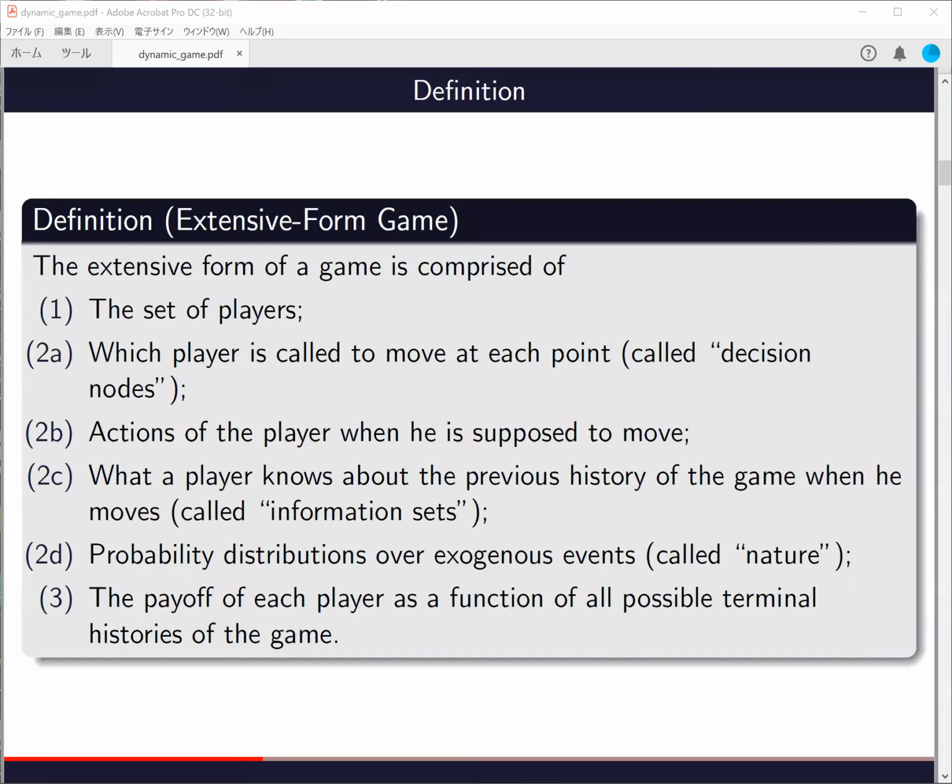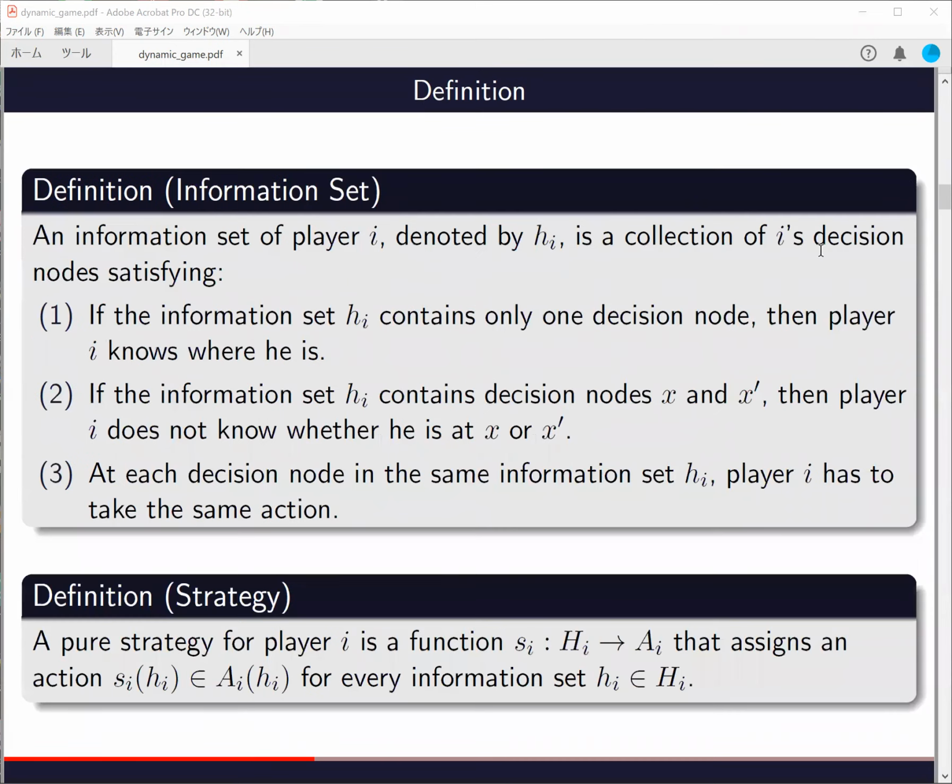Now, a dynamic game is described in an extensive form, and here is a definition of extensive form game. It is probably not so clear what they mean at this point, and so I will explain through examples. You can come back to the definition after you go through a couple of examples. The important part of dynamic game is the definition of the strategy.